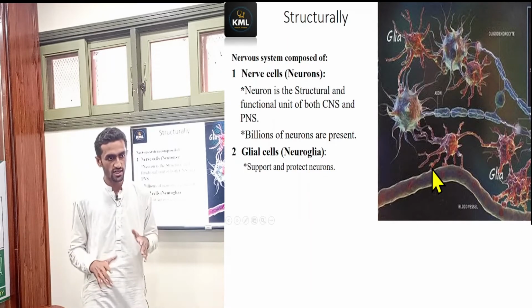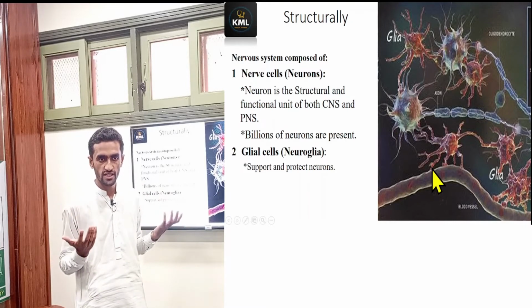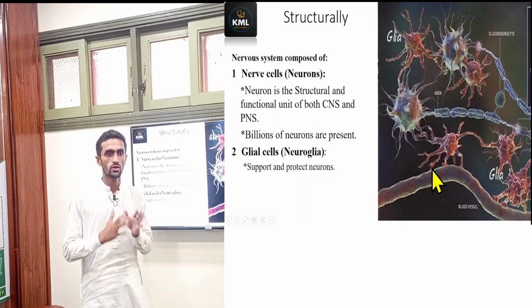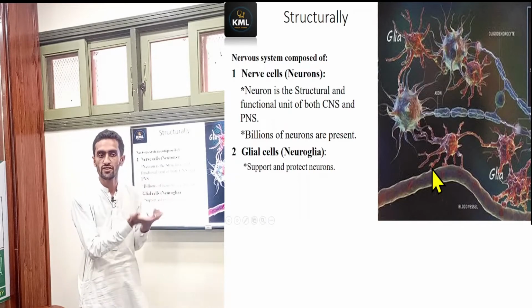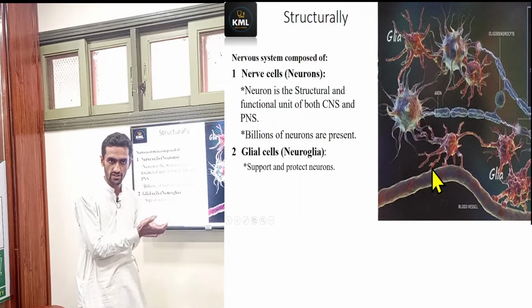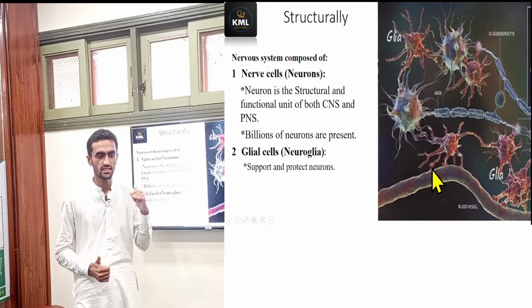The main functional cell of your kidney is the nephron. Of the nervous system it is the neuron. As the study of your kidney is called nephrology, the study of your nervous system is neurology. It is related to the basic cell, which is the neuron.